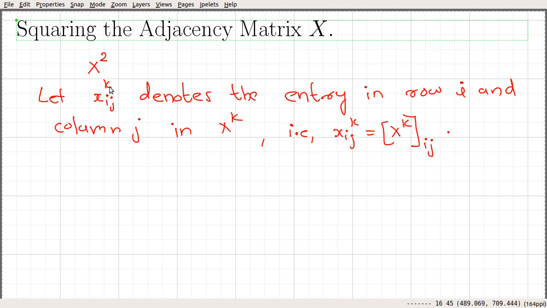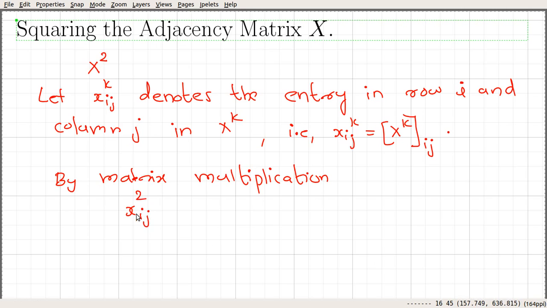Okay, so let's look at this X squared and see what is going to happen. By matrix multiplication, if we look at this quantity x_ij squared, take this matrix and multiply it with itself, you get X squared.